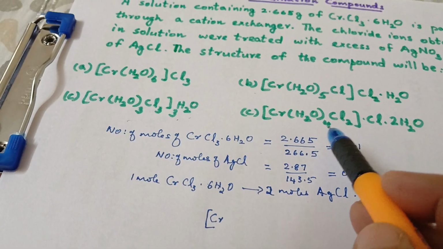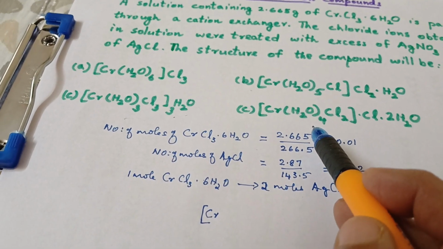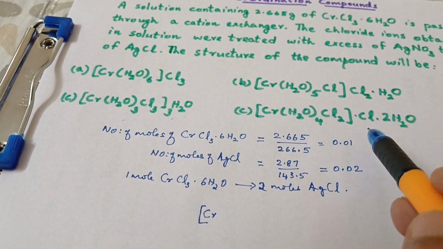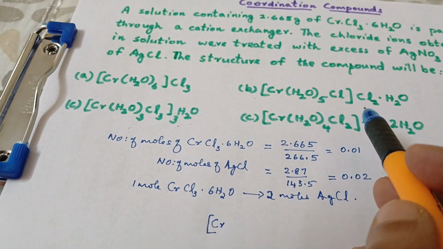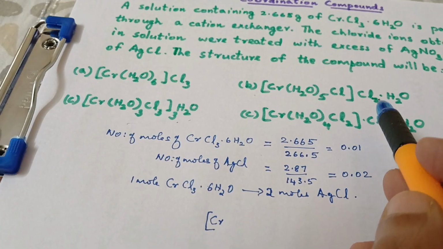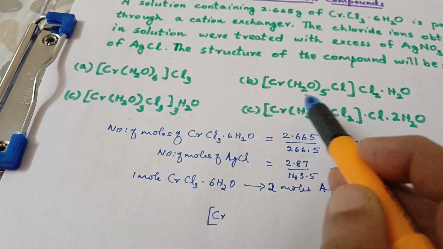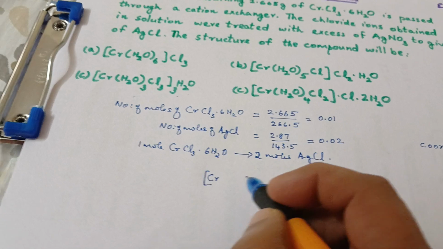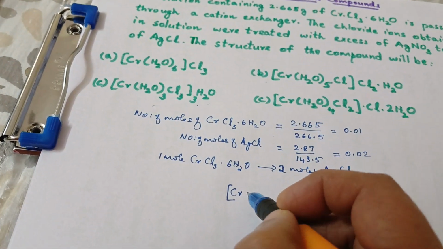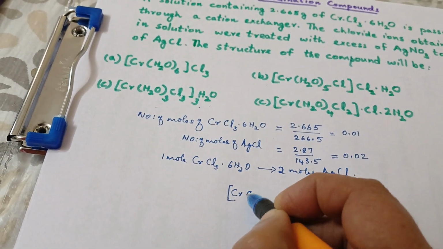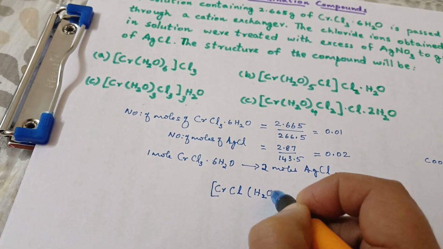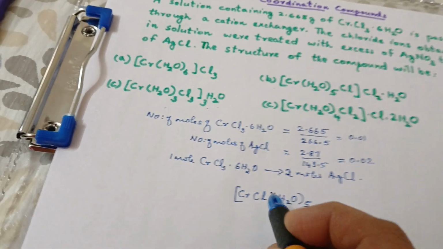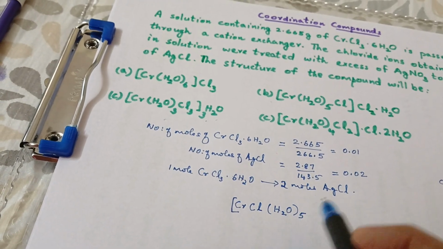What about here? Here, 2 chloride ions are inside the coordination sphere and 1 is outside. But in this structure, we have 2 chloride ions outside, and the coordination number of chromium is correct. So let us see, say chromium, and we'll put 1 chloride ion inside, then H2O 5 times. So coordination number is correct.